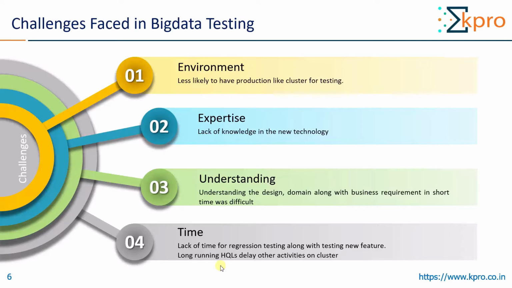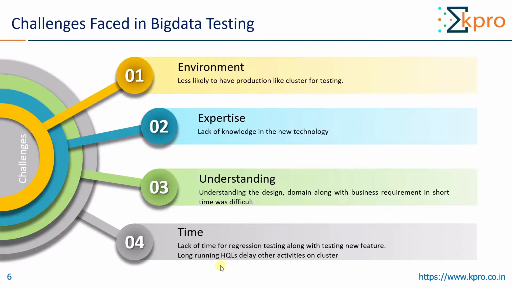Coming to the resources, since big data is still developing technology, getting a right resource for the right job had been always difficult. Understanding the design domain along with the business requirement for the resource coming from application testing background in short time was challenging, and it used to take lots of time.